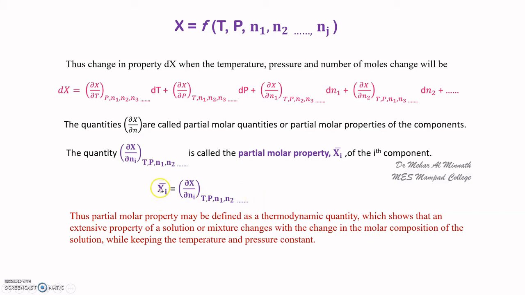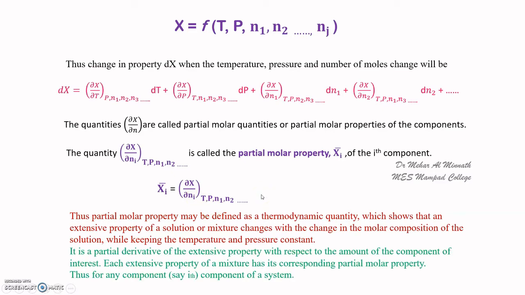So if you take X bar 1, then X bar 1 is equal to ∂X/∂n1 at constant T, P, n2, n3, n4, etc. Here i stands for which component you have. Now, this partial molar property is a partial derivative of the extensive property with respect to the amount of the component of interest. That is another way of explaining this expression.